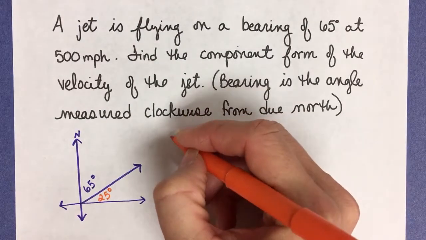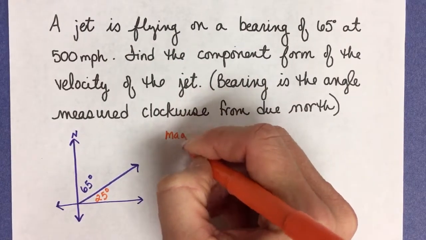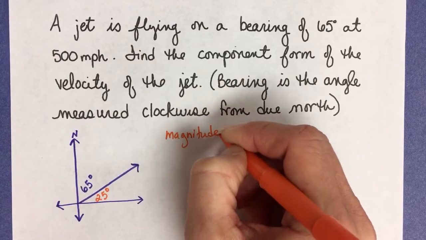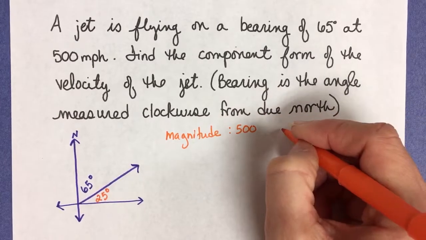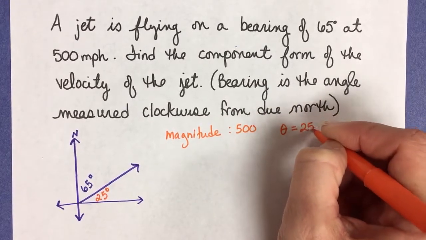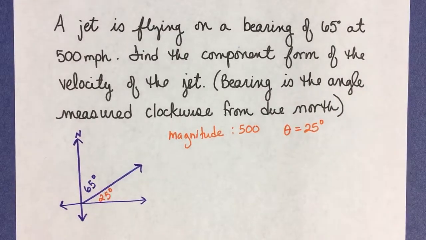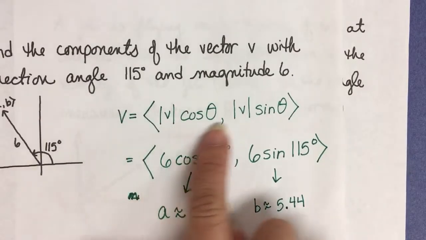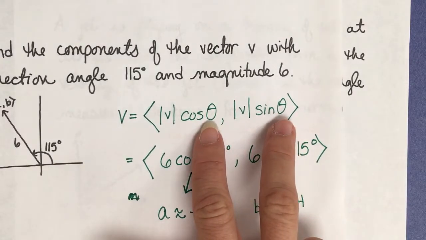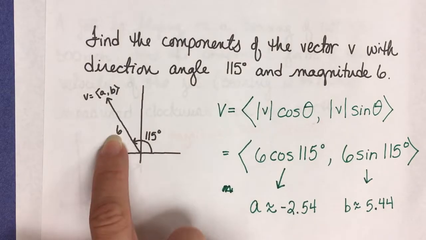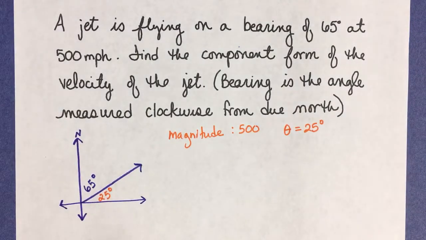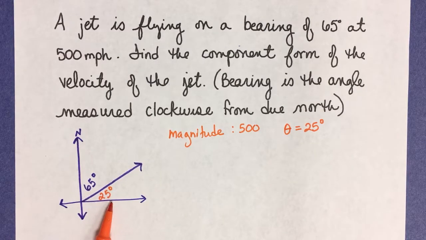We know the magnitude, based on what I told you about magnitude versus speed, is 500, and we know that our angle is 25 degrees. In the formula we've been using, with the magnitude times cosine theta and the magnitude times sine theta, the angle is measured from the positive end of the x-axis around. That's why I said when you go to work this problem, you're actually going to have to use the 25.